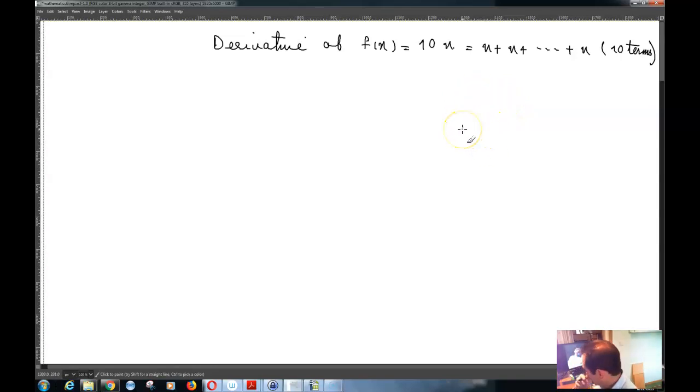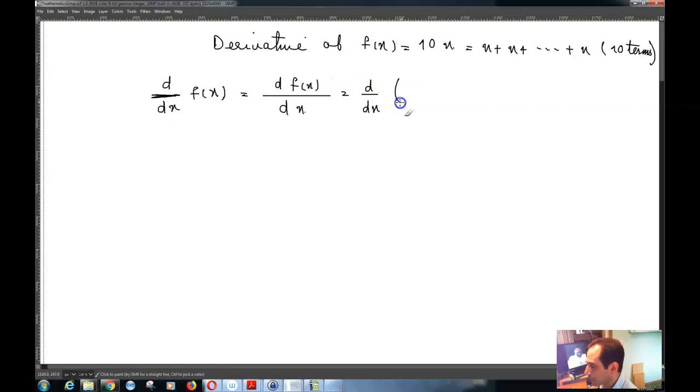Now, of course, we said that d by dx of f of x, which you can also write as d of f of x over d of x, is the same thing as d by dx of x plus all the way up to x for 10 terms.